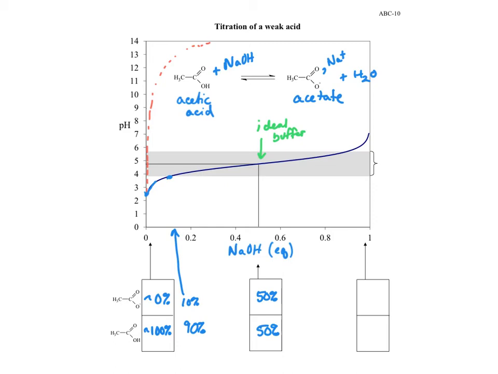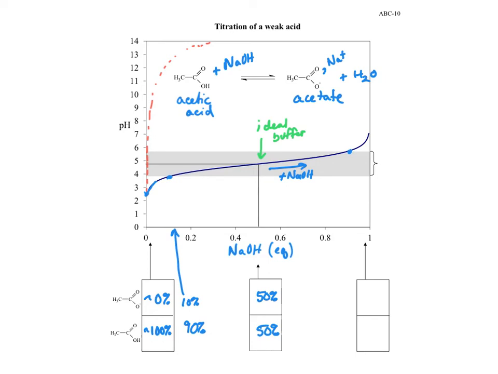What if we continue to add more sodium hydroxide? As we do so, the buffer maintains a neutralizing presence and keeps the pH relatively constant. By the time you get over to here at about 90% of an equivalence, you start to run out of acetic acid.